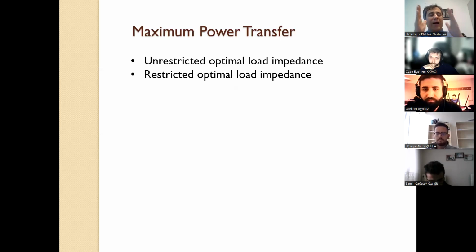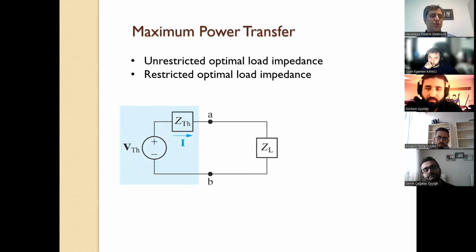Let's say you might have some range of resistances and some range of reactances, and you would be expected to get the best out of these load restrictions in terms of transferring the maximum average power. So the restricted optimal load is quite an important issue to consider. As usual, this is the circuit.